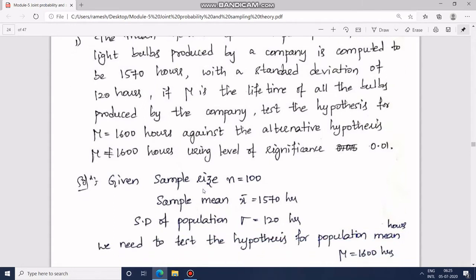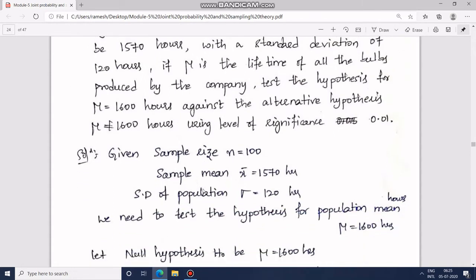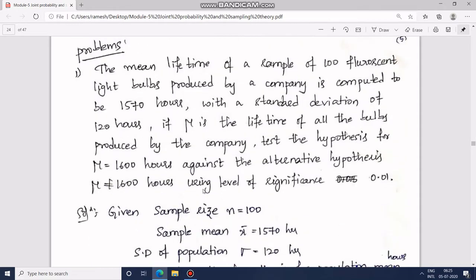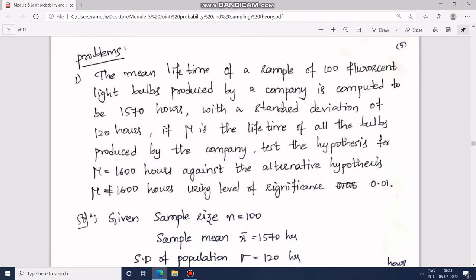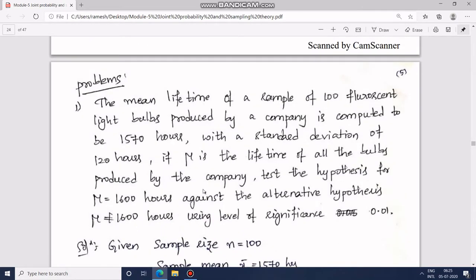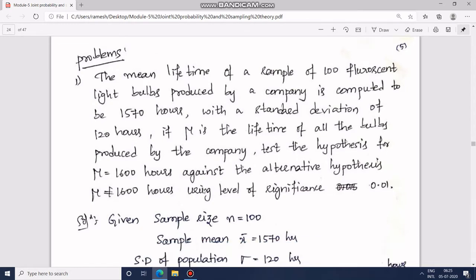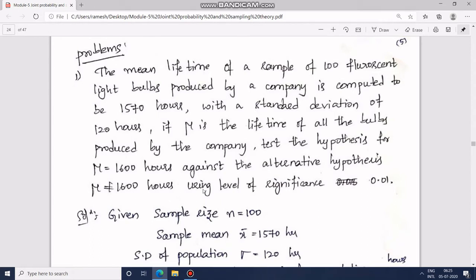Now, the data we have of the sample is given. The size of the sample, small n, is equal to 100.